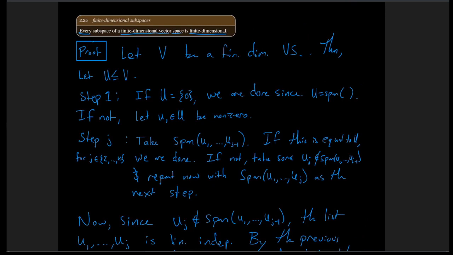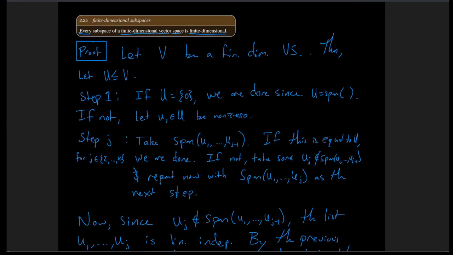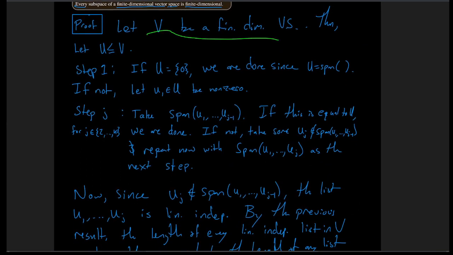But the gist of it is just that we start out with a finite dimensional vector space, then we take an arbitrary subspace. Now, if that is the 0 subspace, we're done. If not, we'll grab a non-zero vector, and then we'll just keep doing this.